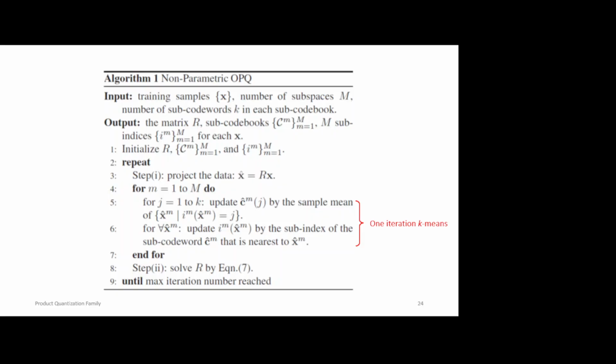You remember k-means can be run several times until it converges, right? But here, they say you don't need to run it several times. One iteration of k-means is sufficient. I think they hope the training can be very fast.